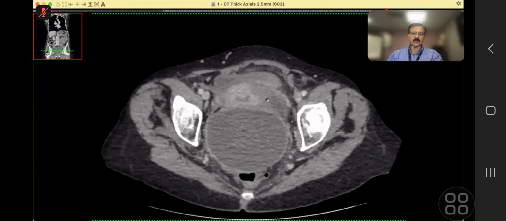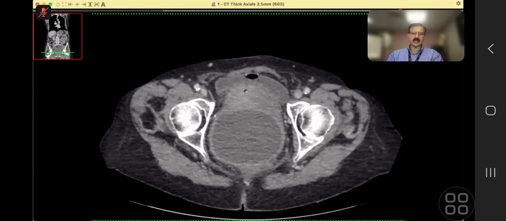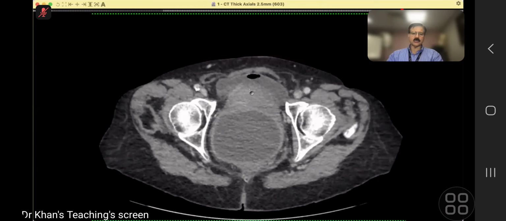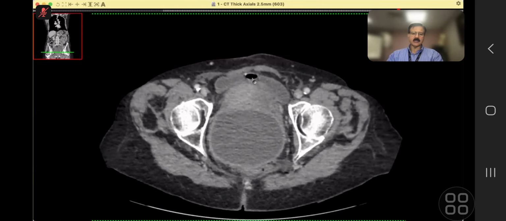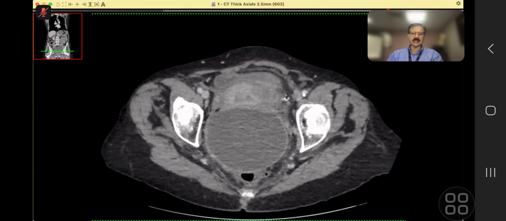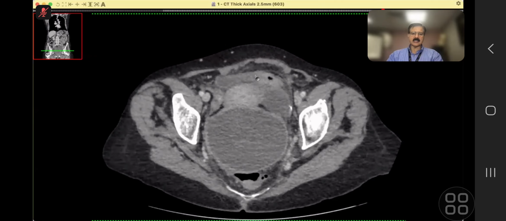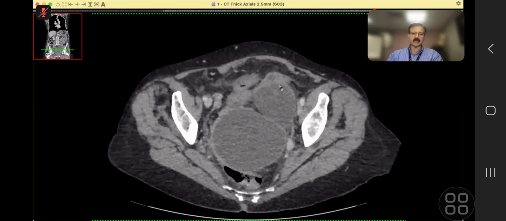On a CT scan, you cannot characterize it. But now, if you see here, anterior to the uterus is the urinary bladder. In the urinary bladder, there is an air bubble. And all of these things will carry marks. Remember that. And at this edge of the urinary bladder, there is an air bubble and there is some enhancement.